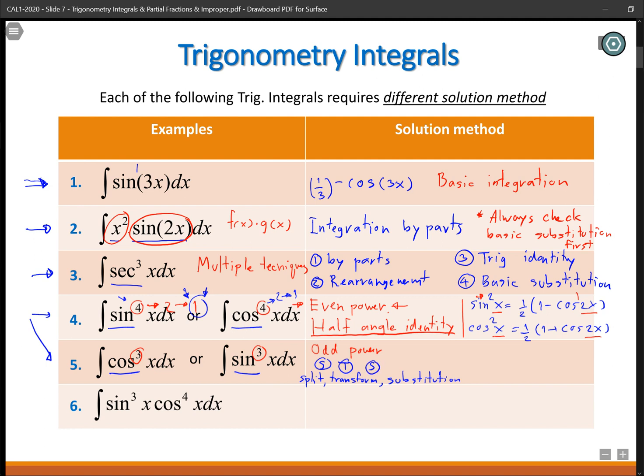So the first thing you need to do with this odd power of trigonometry function is to split one factor out. So step 1, split, is going to be cosine of x to the power of 3. You want to split one factor out like this, cosine of x, and then you have the rest of the terms right here, cosine of x squared.